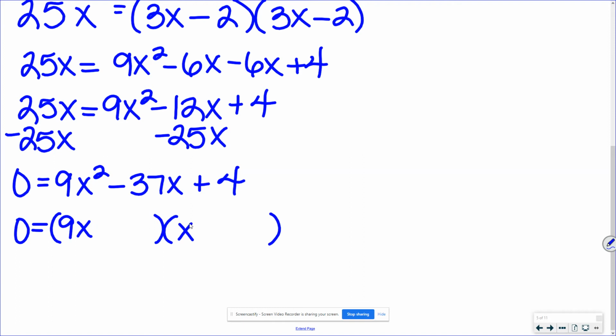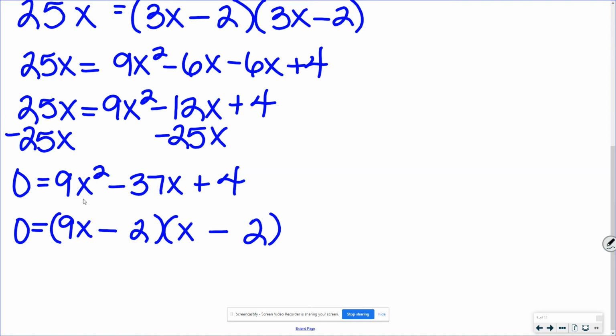So for now, we're just going to try this out. And then I need something times something that equals 4. So I'm going to try 2 times 2. And I'm going to try a -2 times a -2 to get a positive 4, because I see a negative here in the middle that I need to try to figure out.